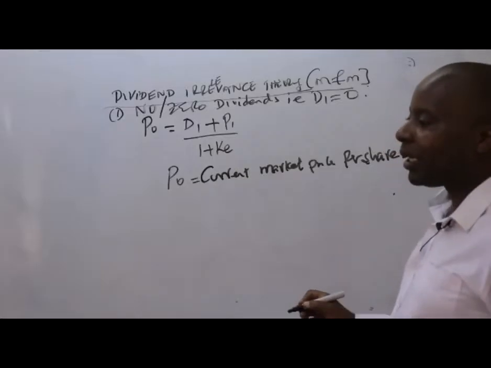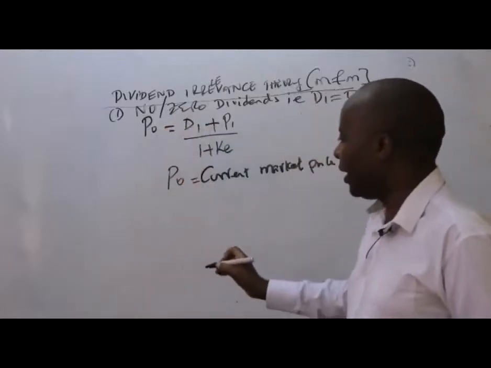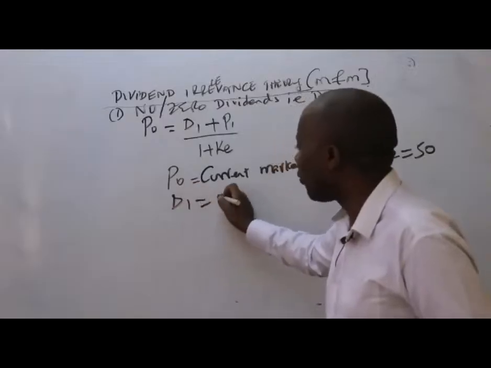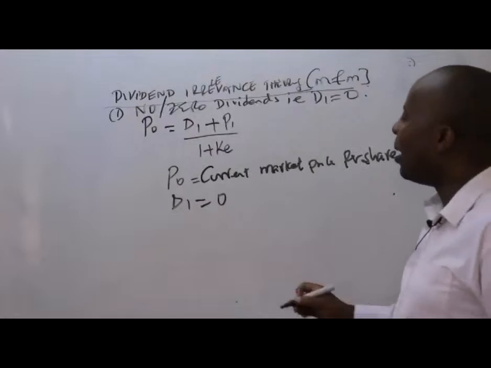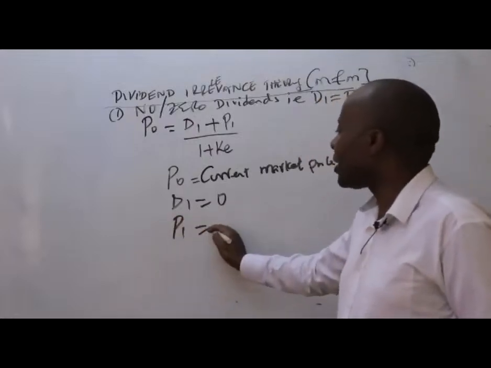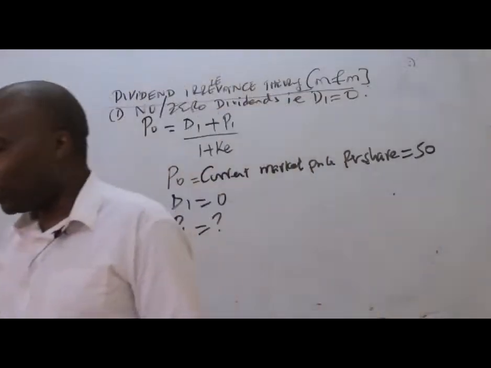So, ladies and gentlemen, if we go with the first policy of not paying dividends, then D1, don't get confused there, D1 will be 0. How about P1? P1, ladies and gentlemen, this is what they want us to look for.